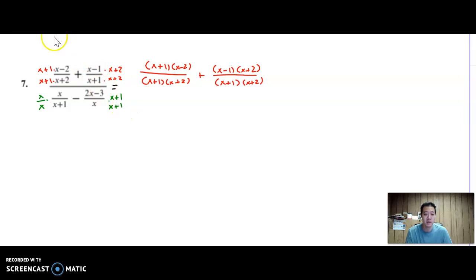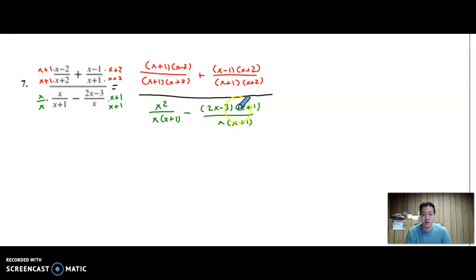And over here, this one needs to be multiplied by an x plus 1. So then x times x is x squared. I just did that right away. And so this is what I have here. So what I have to do now is, in the numerators, double distribute and then combine like terms, and same thing over here.